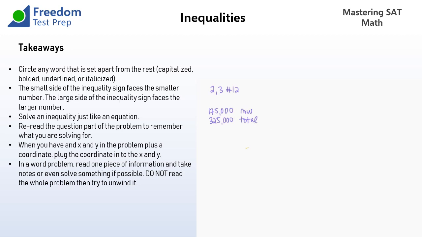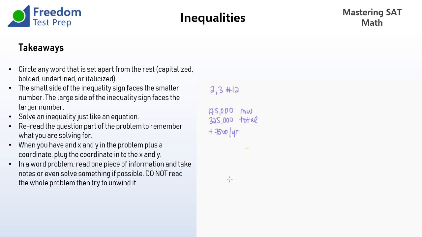Now I'm just looking at my own notes. Okay, we read on. Each year since then, the amount of trash in the landfill increased by 7,500 tons. All right, so now I stop and say plus 7,500 per year. If Y represents the time in years after January 1, 2000, which of the following inequalities describes the set of years where the landfill is at or above capacity?